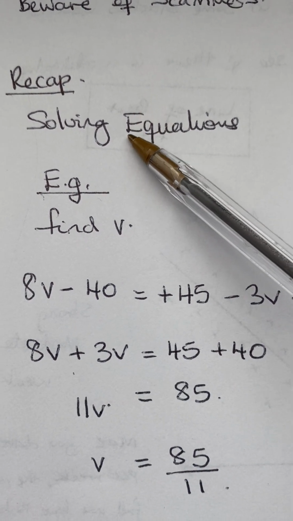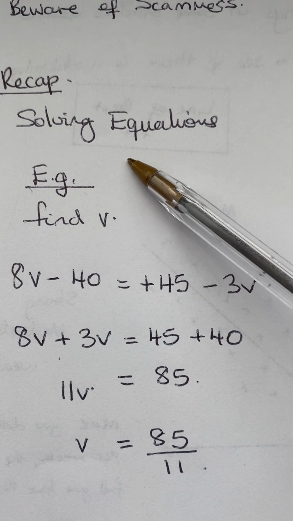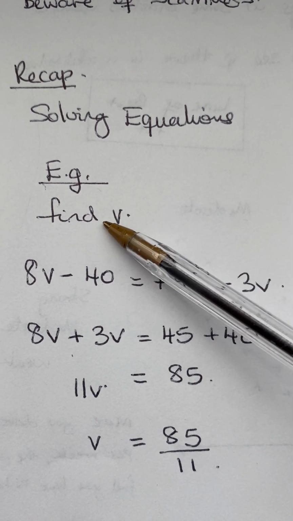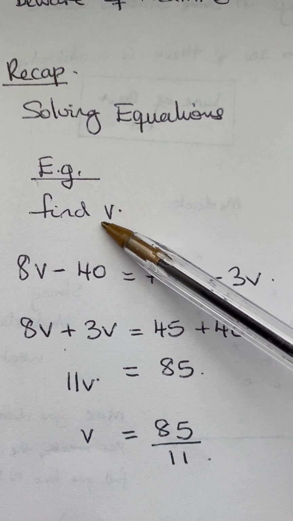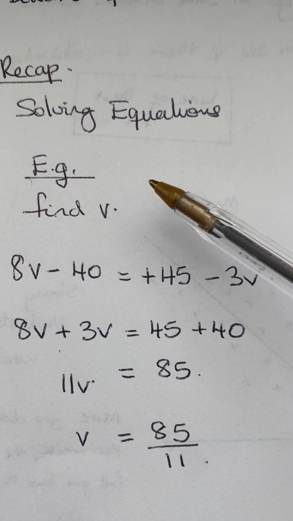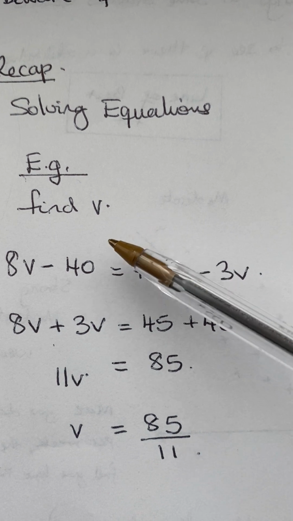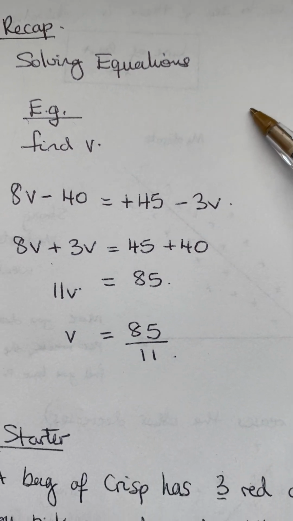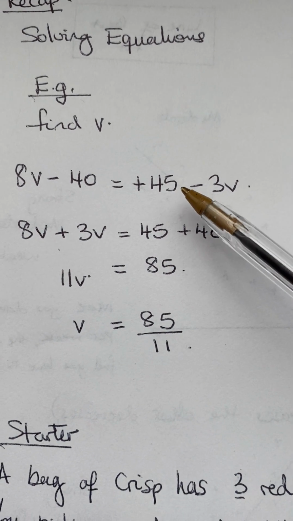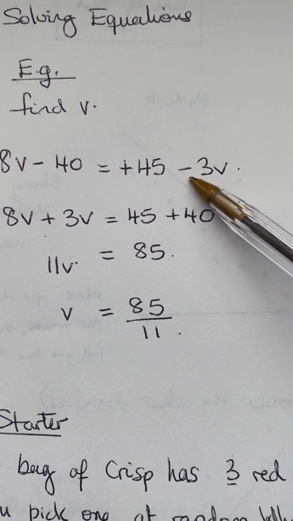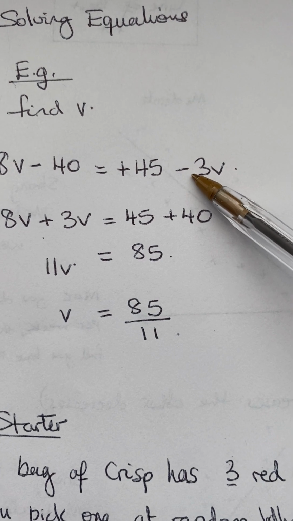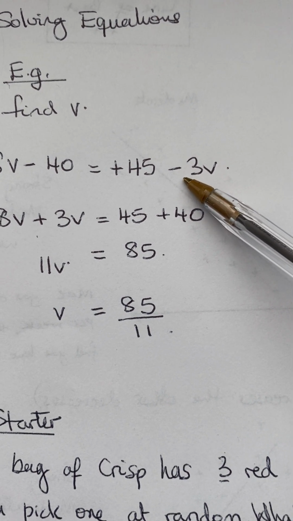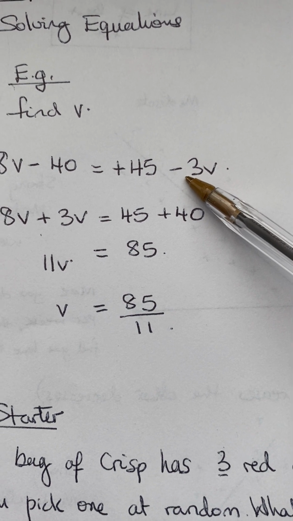I'll recap. Last lesson, we were solving equations, like find x, find p, find y. I'll do a quick recap on that, because we were looking at integers, positive and negative whole numbers, including 0.